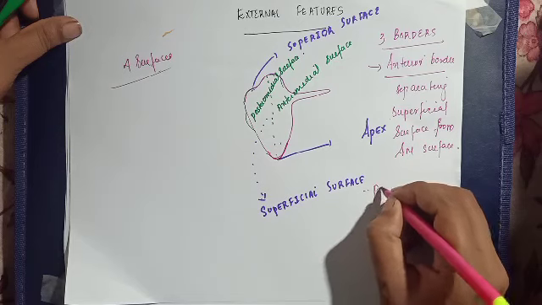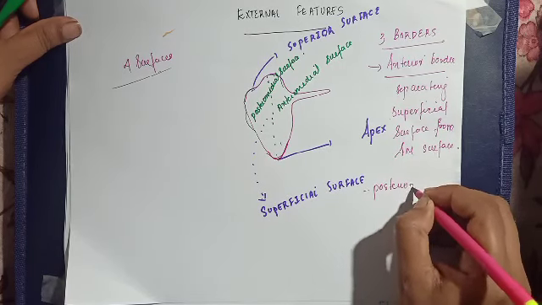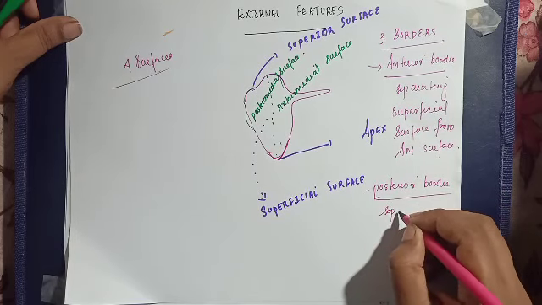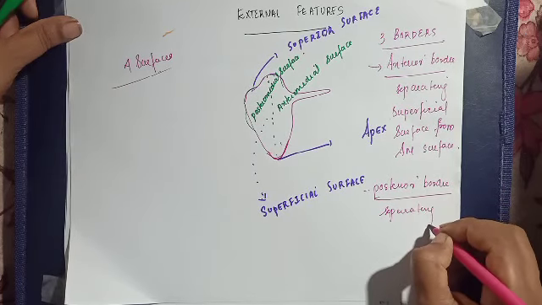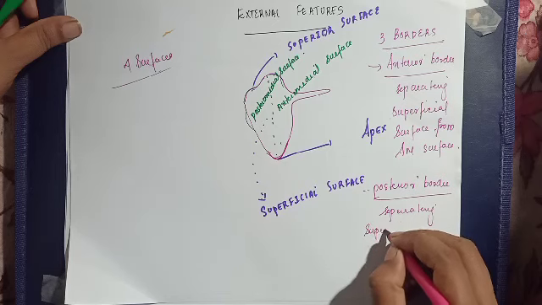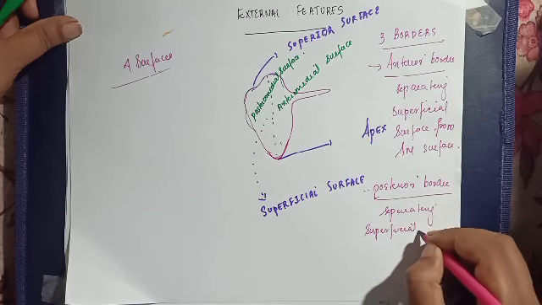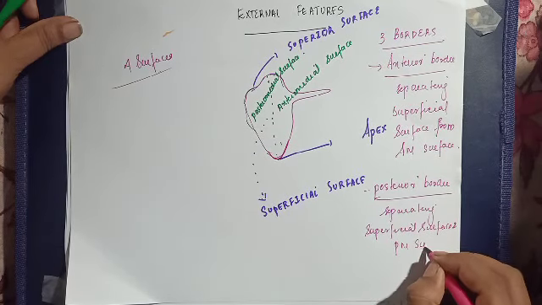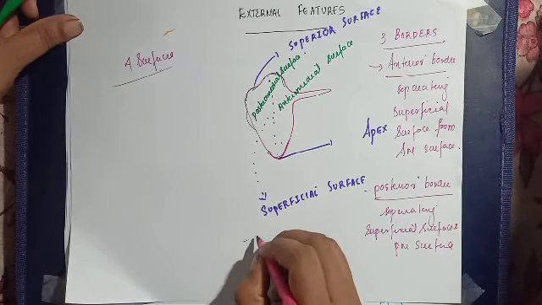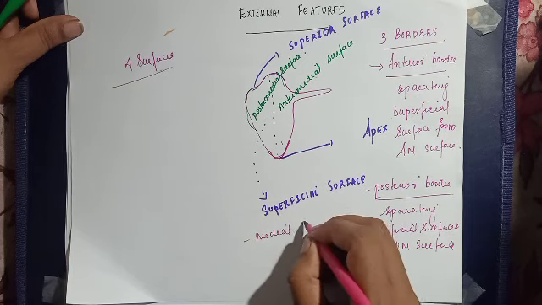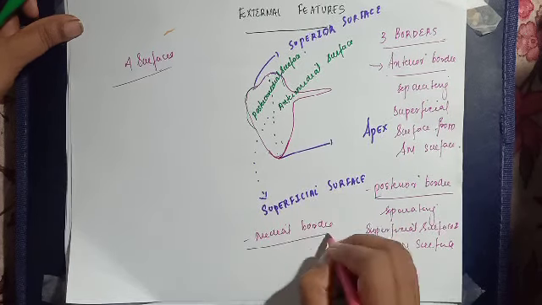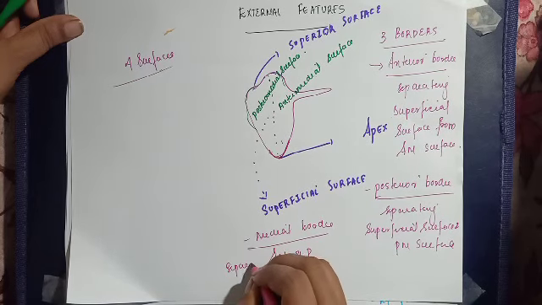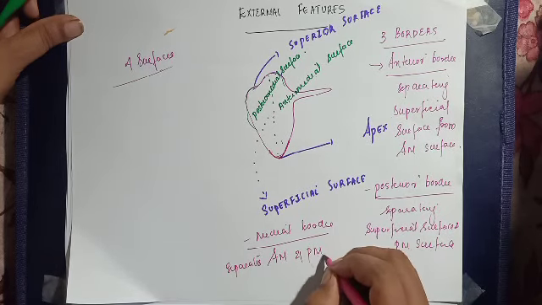And we have got a posterior border, which is separating the superficial surface and the posteromedial surface. And we have got a medial border, which separates the anteromedial and posteromedial surfaces.